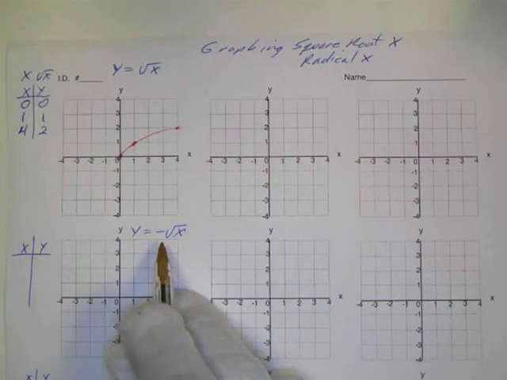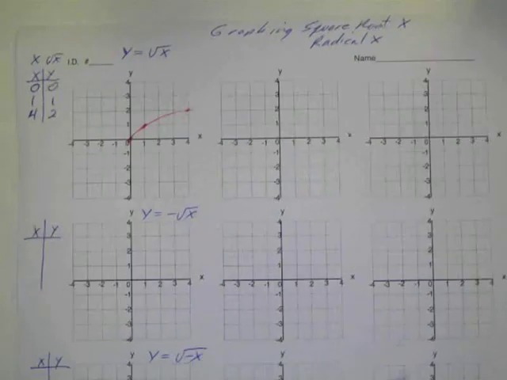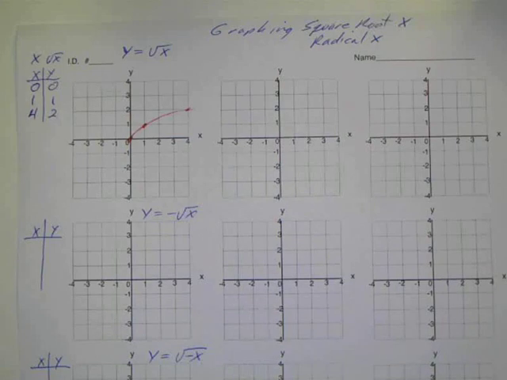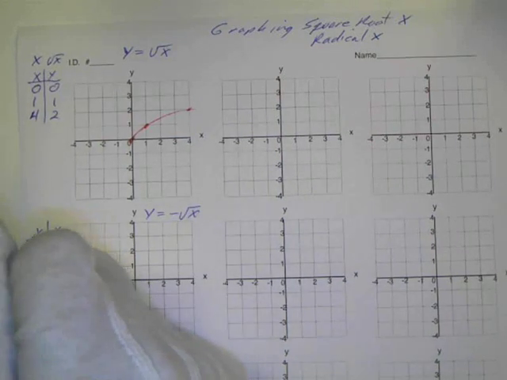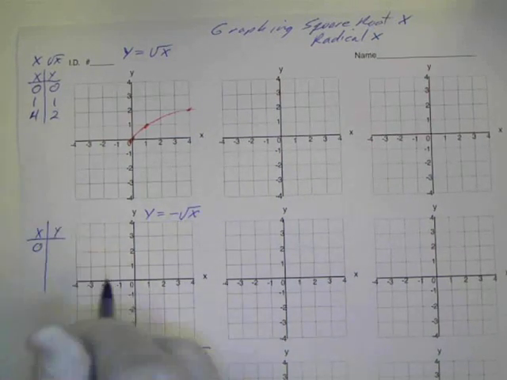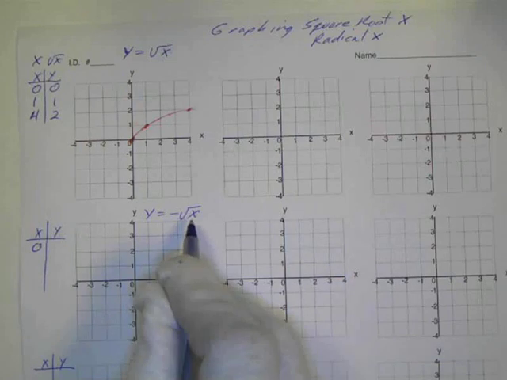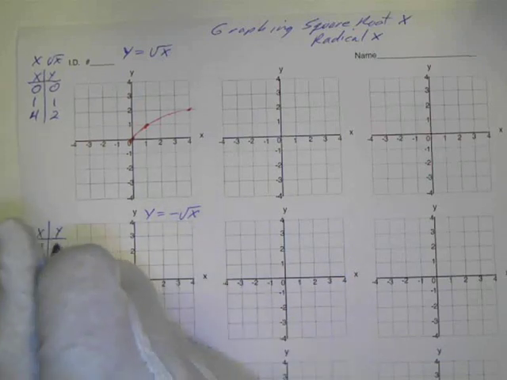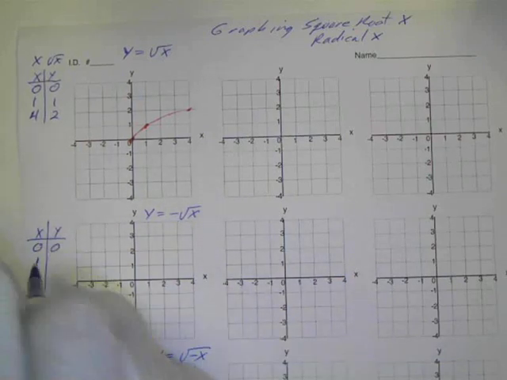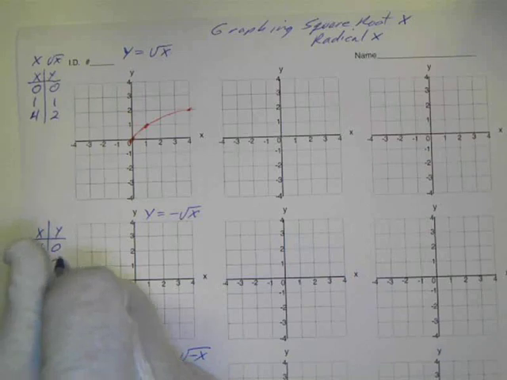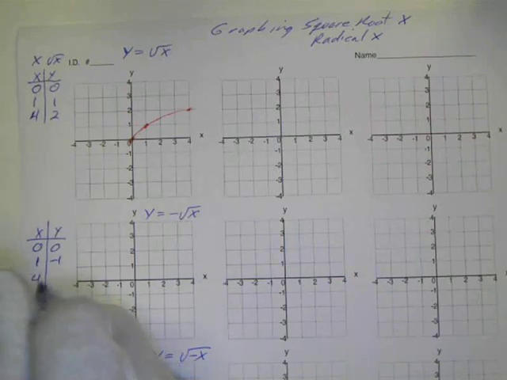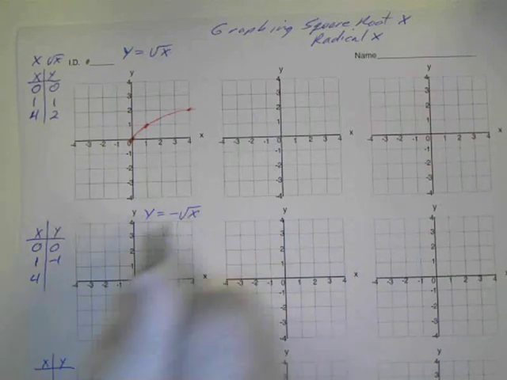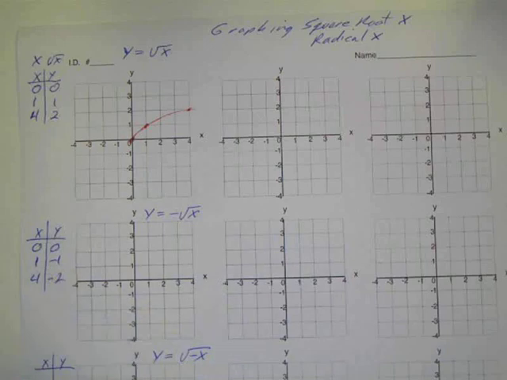Now how about when y is negative the square root of x? Well, we'll put some points in and see. So when x is 0, the square root of 0 is 0, negative 0, 0. When x is 1, the square root of 1 is 1, and negative 1 is negative 1. And when x is 4, the square root of 4 is 2, but negative times 2 is negative 2.